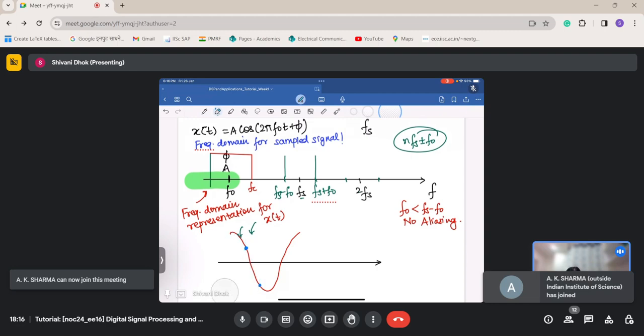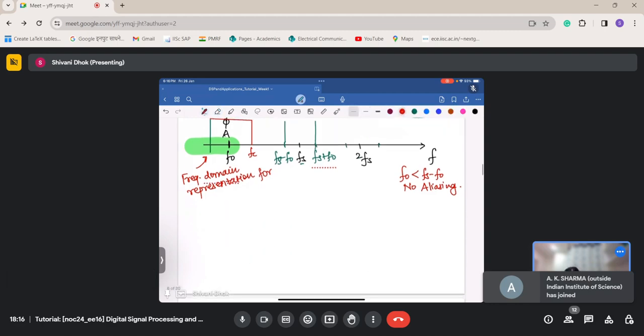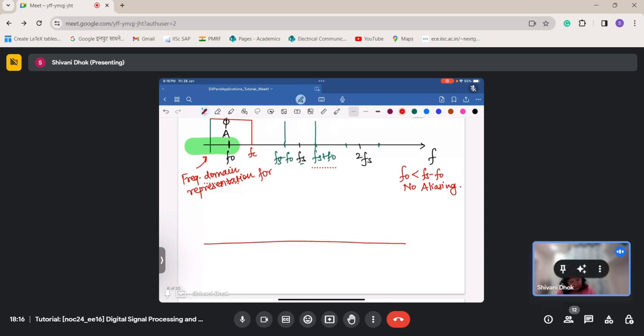Now suppose instead of that, the sampling frequency is small enough such that we have this f naught here, and let's say this is fs, and here somewhere I have fs minus f naught, and here I'll have fs plus f naught.